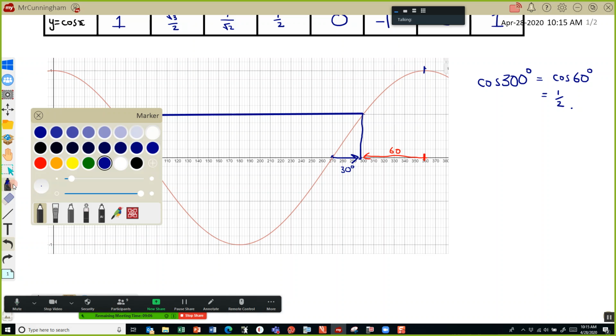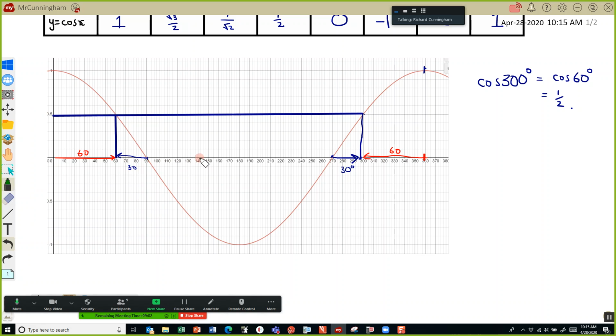Okay, let me get a different color pen. Sine of 150. Now, before we answer this, sine of 150 degrees, is it going to be positive or negative?